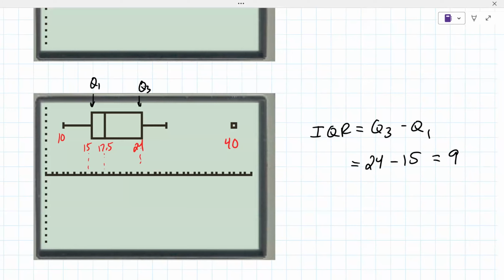That's just the formula for it, pretty much. IQR equals Q3 minus Q1. Okay, actually, I was doing a little bit of that, but not actually on the graph.